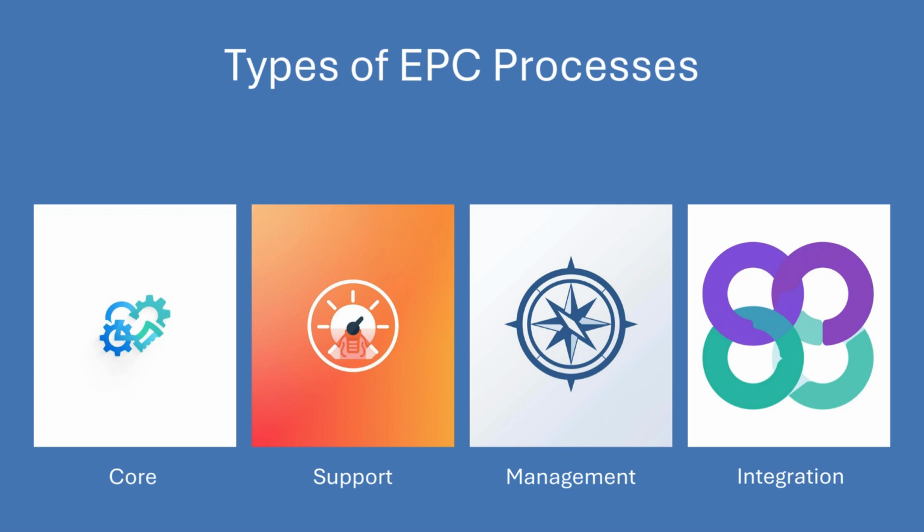We can classify all the EPC processes into three major types or categories. Those are core processes, support processes and management processes. And most importantly, the integration of these three types of processes ensures cohesion across all processes.